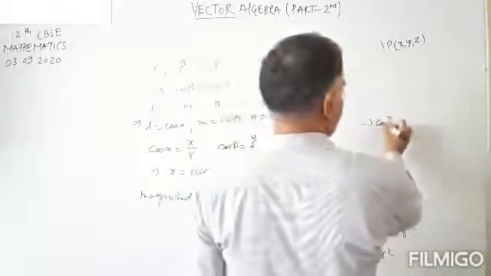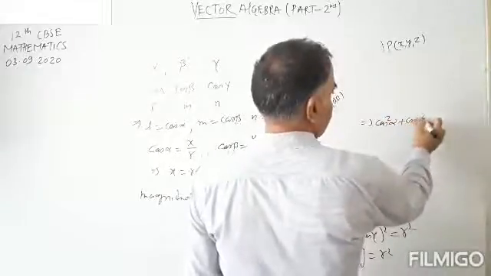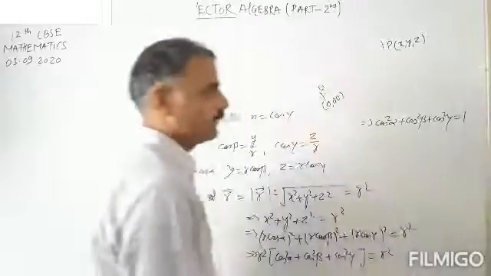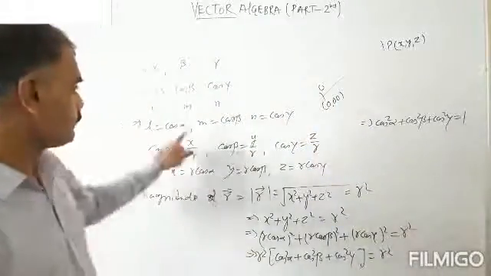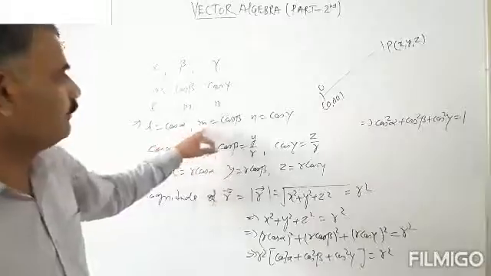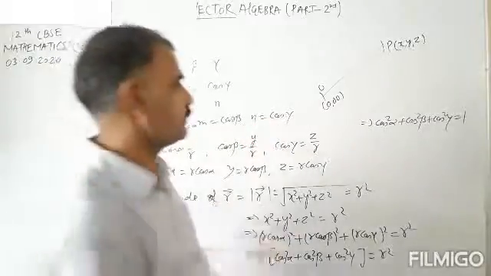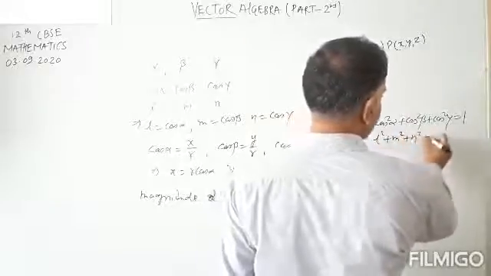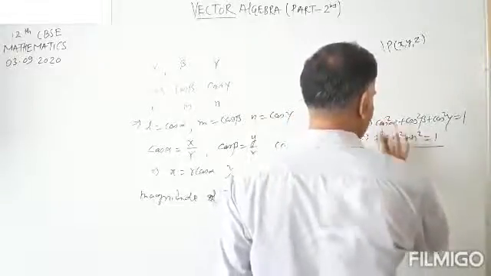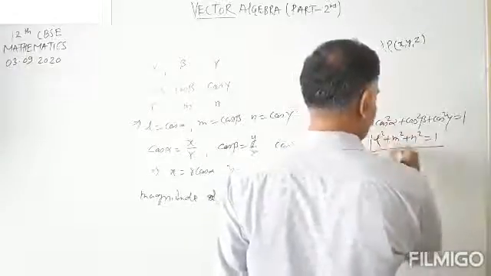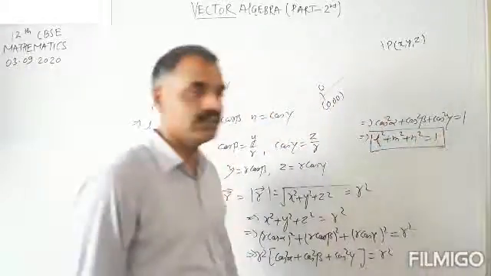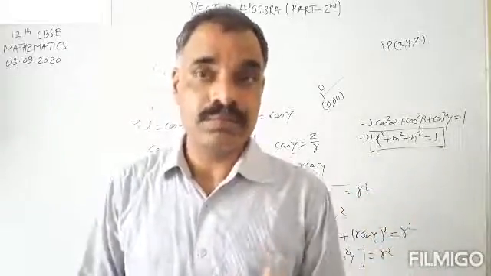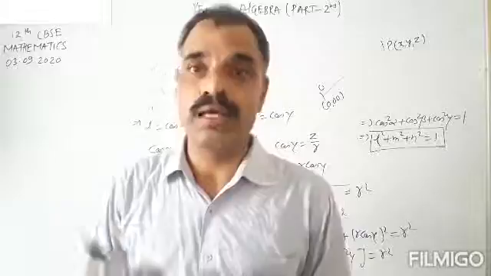We will have cos square alpha plus cos square beta plus cos square gamma equals 1, and l equals cos alpha, m equals cos beta, n equals cos gamma implies that l square plus m square plus n square equals 1.